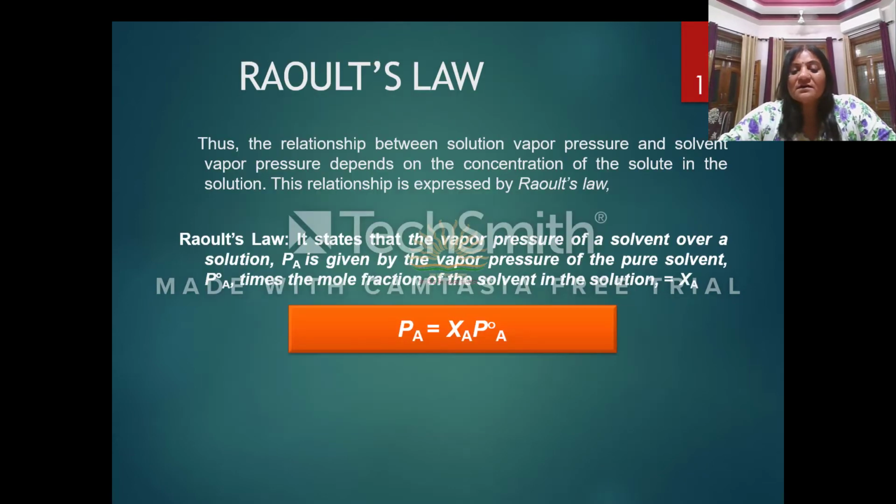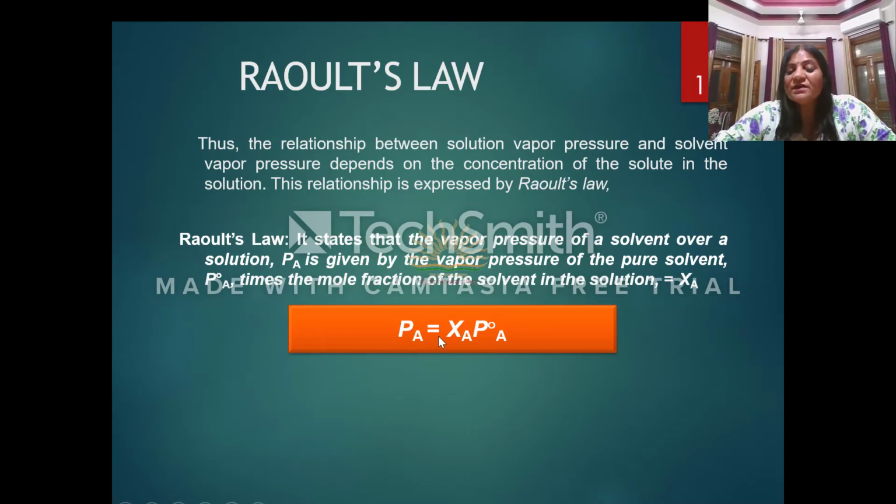So for the proportionality we have some constant, that constant is P naught A. And what is P naught A? It is the vapor pressure of component A in the pure state, and this is the vapor pressure of the component A in solution, which is called partial vapor pressure.